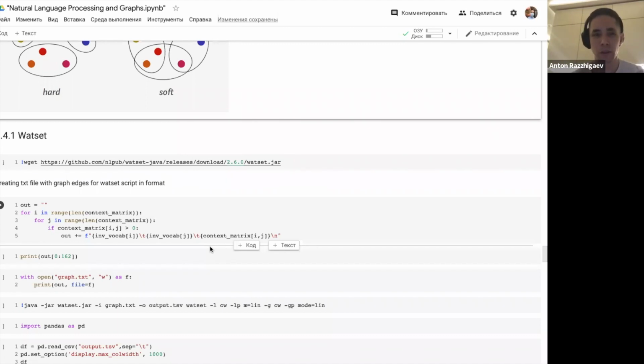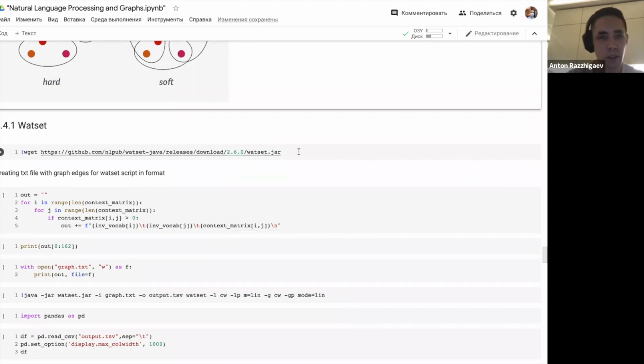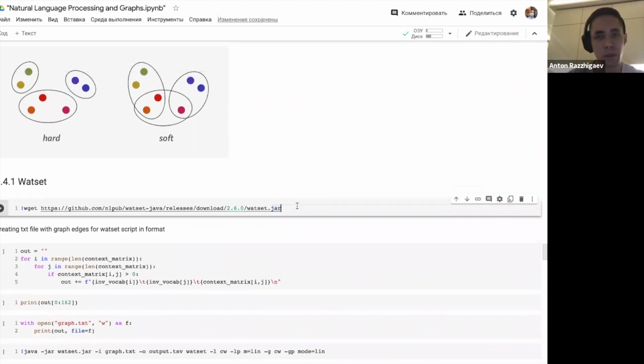So it uses some more shallow algorithms like Chinese Whispers and Markov clustering and applies over them another procedure to retrieve soft clusters and different meanings of words. This algorithm is implemented in Java and can be downloaded from GitHub.